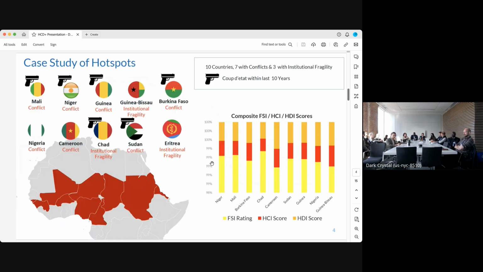So we decided to take a look at some of the bigger hotspots across the Sahel Belt, which is where the Sahara Desert starts to cede to sub-Saharan Africa, across West Africa, into East Africa. All of these countries, over the past 3 to 5 years, have experienced political uncertainty.